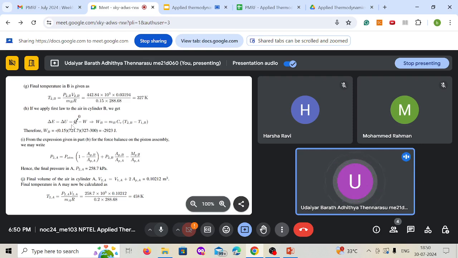So whatever change in internal energy is there, it will be equal to the work done in cylinder B. So it will be equal to m Cv delta T. So mass of B is known, Cv of air is 0.72, or 721.7 joule per kg Kelvin, and the temperatures are known. So initial temperature is 300 and the final temperature which we have calculated is 327. So substituting that, we will find out work as minus 2933 joule.